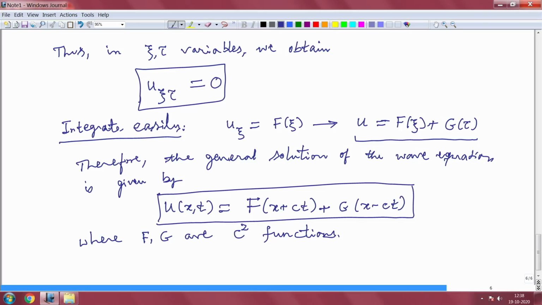And that is done by imposing two initial conditions. This is called an initial value problem.